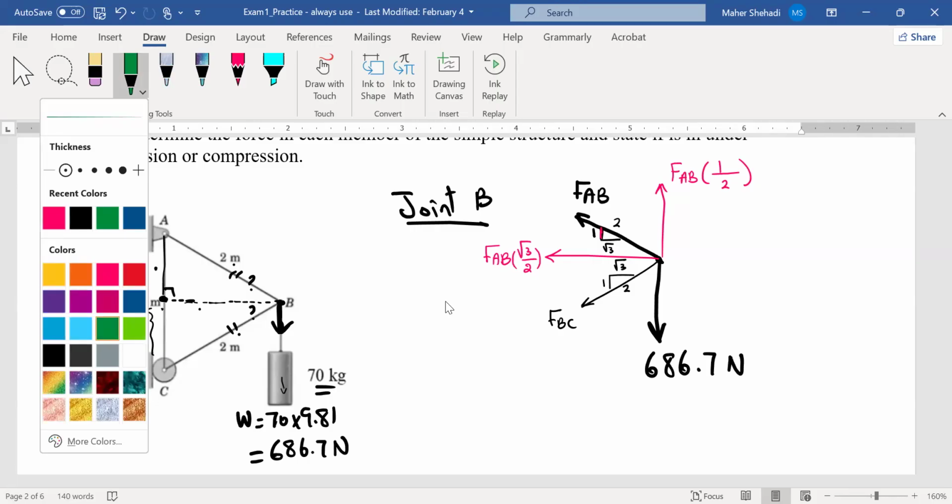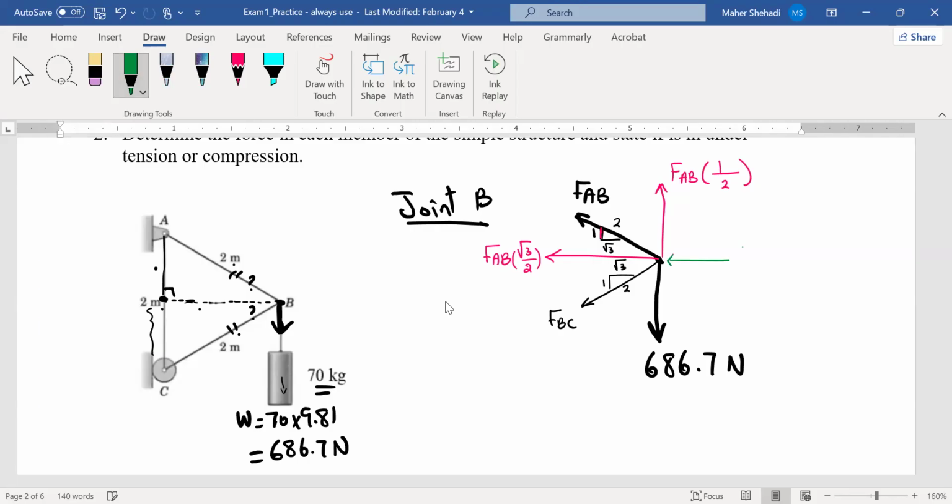I'll have FBC, I'll put it here. FBC, the x component is square root of 3 over 2. And FBC, 1 divided by 2.